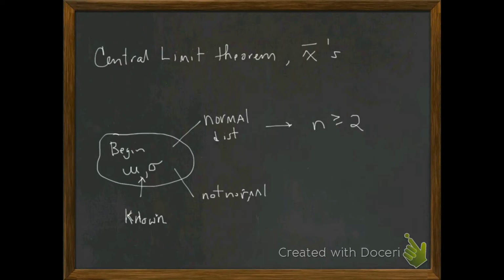If we have a normal distribution, we only need a sample size 2 or bigger. And if we have something that's not normal, and what I want you to think about here and communicate to your students, a skewed distribution, then we need a sample size of 30 or bigger.